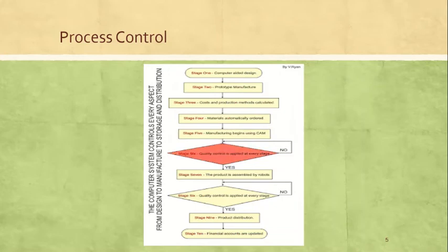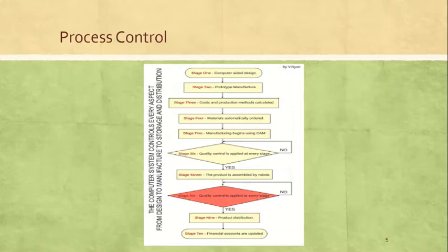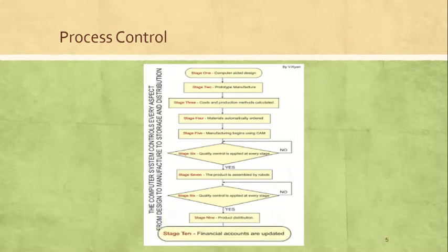Stage 6 is quality control is applied at every stage. Stage 7 is the product is assembled by robots. Stage 8 is quality control is applied at every stage. Stage 9 is product distribution and stage 10 is financial accounts are updated.